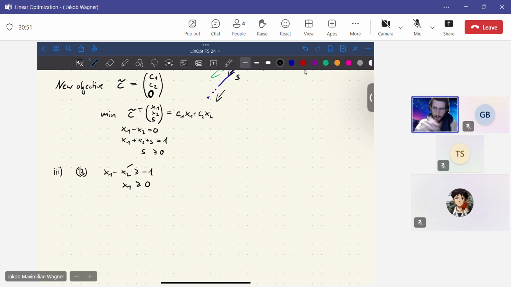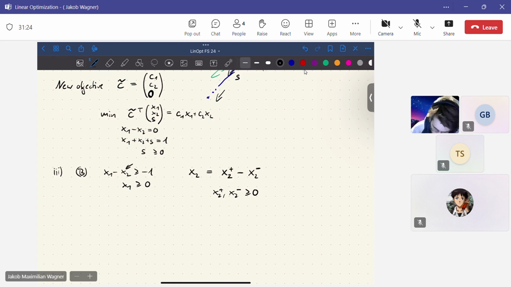If we just introduce it, we make the feasible set smaller, which we don't want. But we can write this x2 as x2 plus minus x2 minus, which are basically the positive part and the negative part. So we say that x2 plus and x2 minus should both be greater or equal than 0.